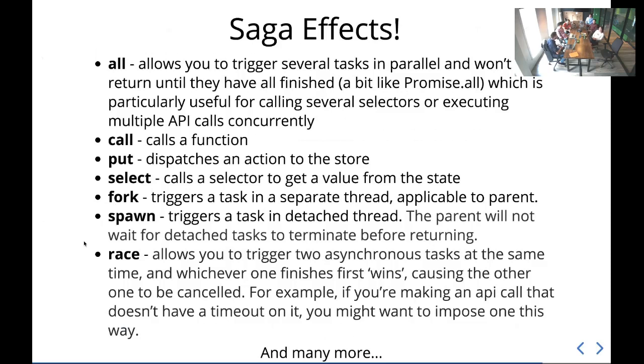They can happen concurrently and in parallel. Yes, absolutely. Take latest and take every are ways to trigger them, and you can definitely trigger multiple sagas concurrently if you have some kind of action to trigger both of them at the same time.